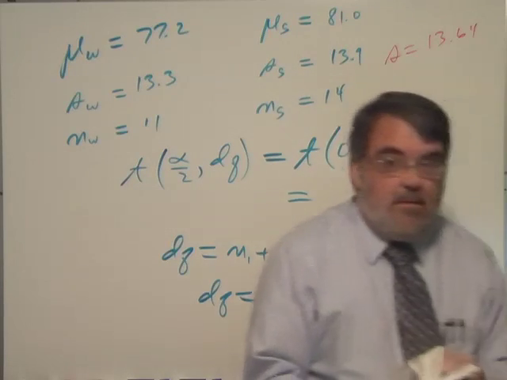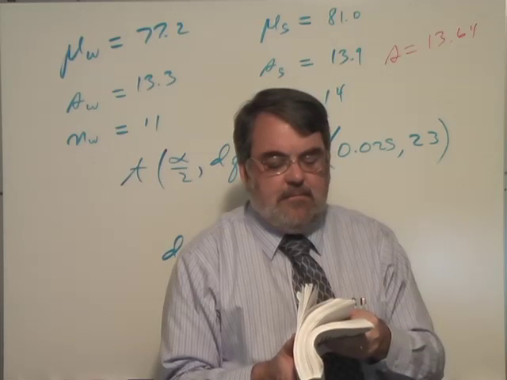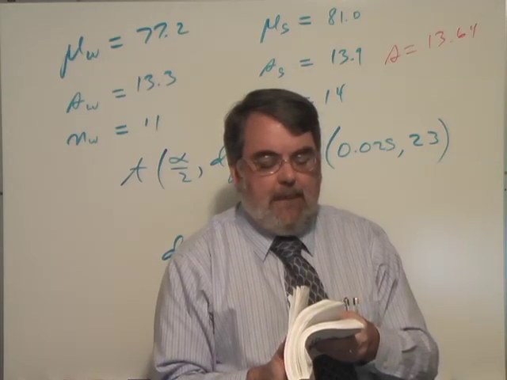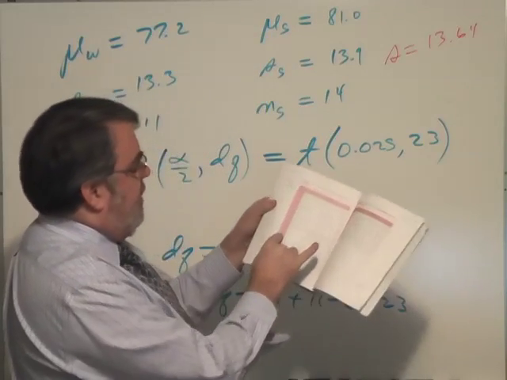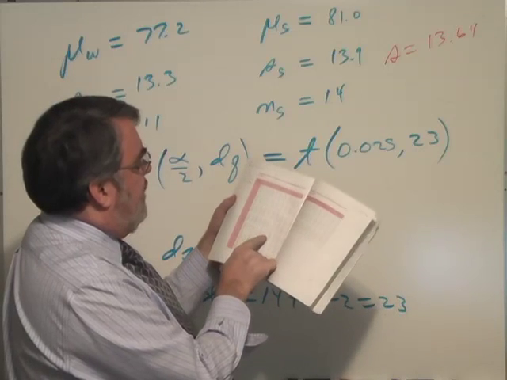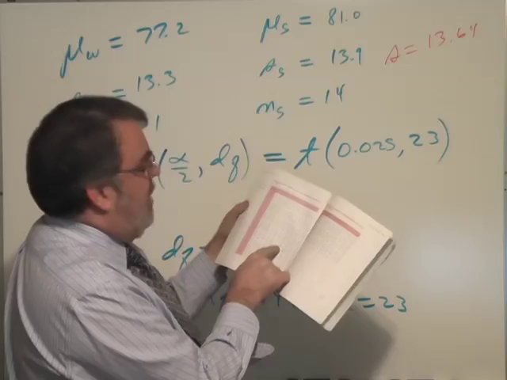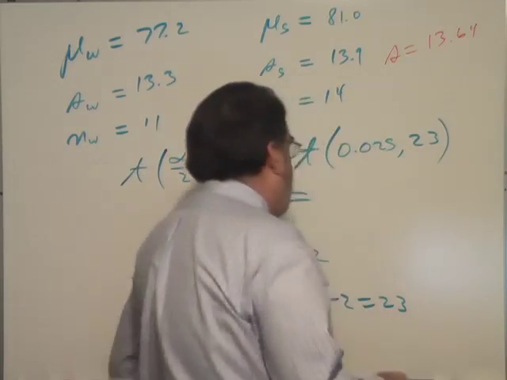And the t-chart on page 650, I think. Page 650. 23 degrees of freedom. I'll come down the page and go across to 0.025, and I am seeing 2.07.